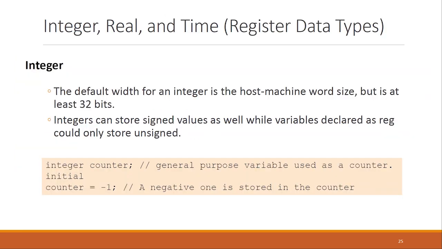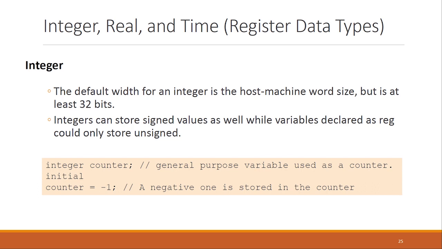And there are other data types as well, which might be less common compared to the data types we discussed a bit earlier. So registers and wires are the most common data types that you will be using in Verilog, and you can use these data types as well: integer, real, and time.